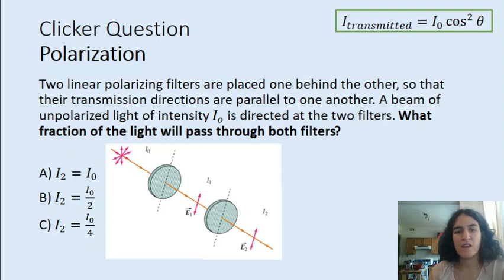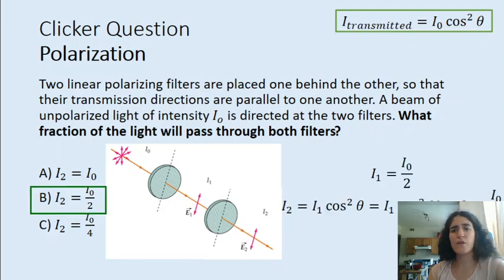Okay, hopefully you can see that the answer is B. So let's see why. We have this rule that when unpolarized light passes through a polarizer, the intensity gets cut in half.